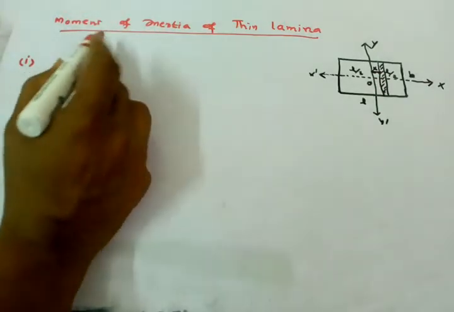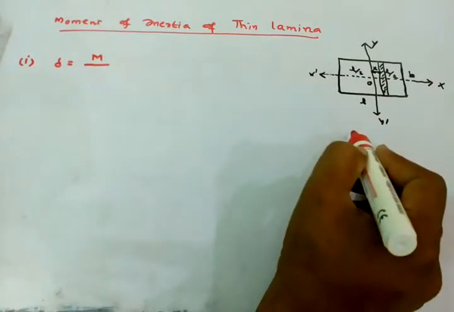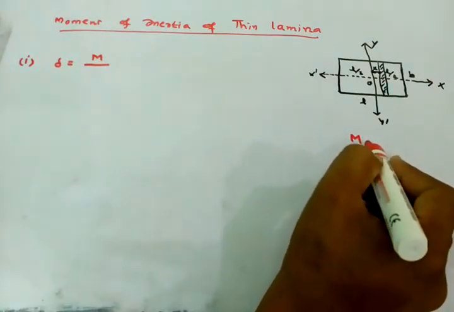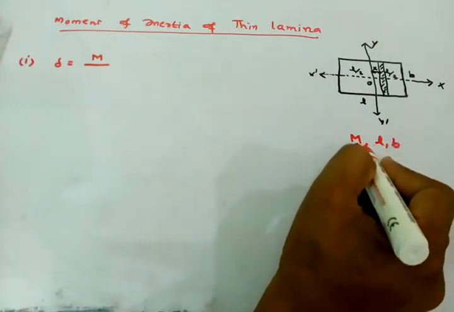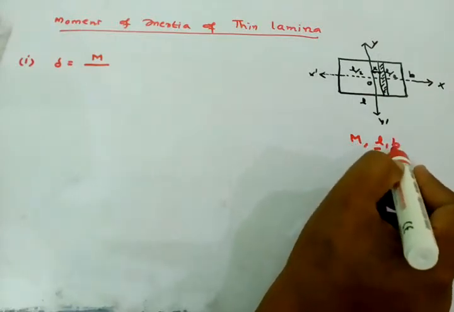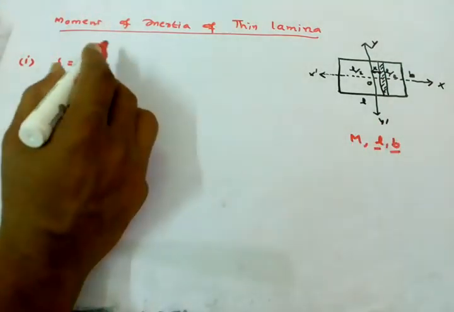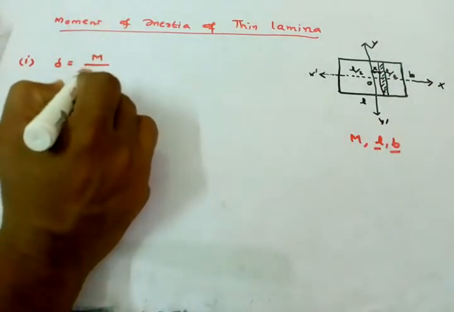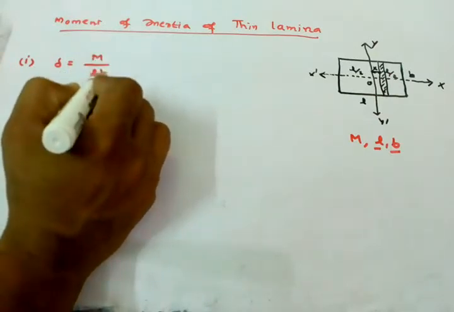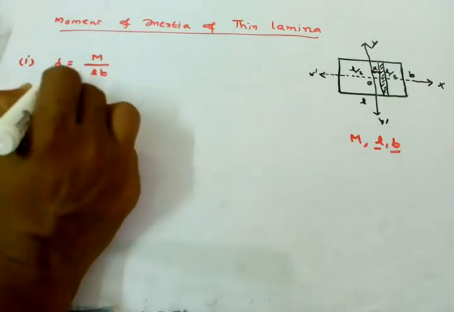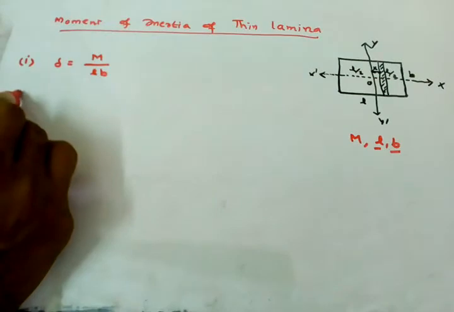The mass of the lamina is capital M, the length of the lamina is L, and the width of the lamina is small b. So the area of the lamina is L into b. The density is total mass by total area. This is the first step.